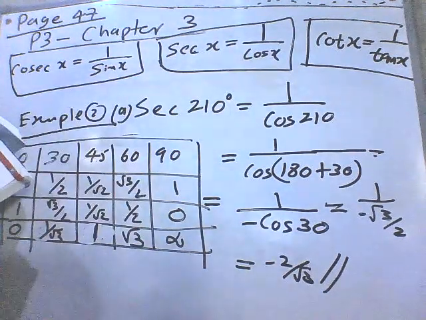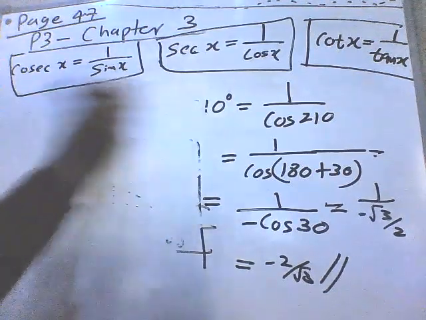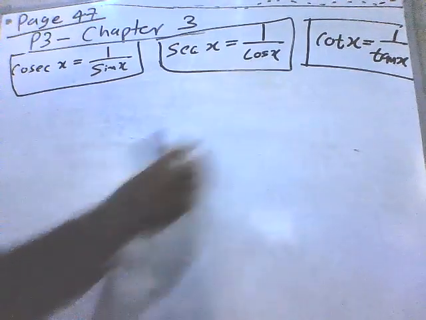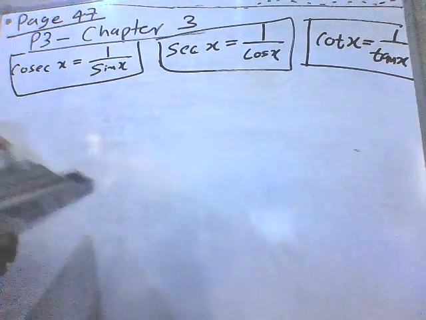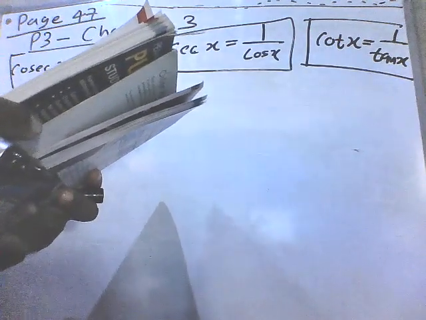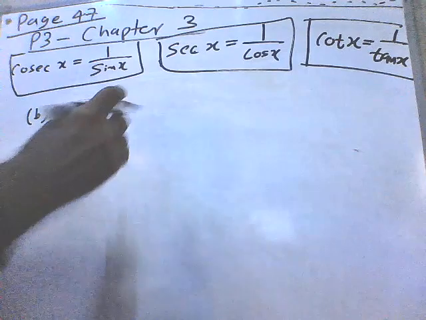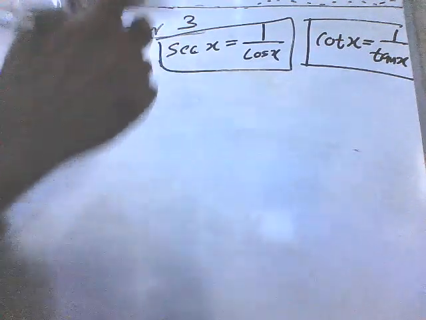Now we have part B also that we will try. It says to find cosec 3 pi over 4.